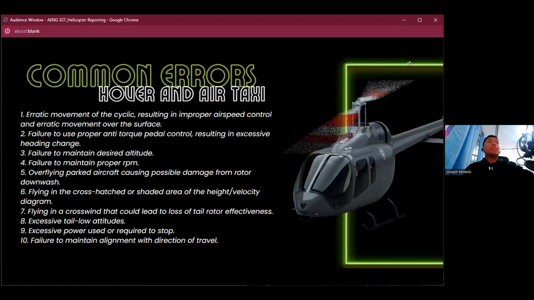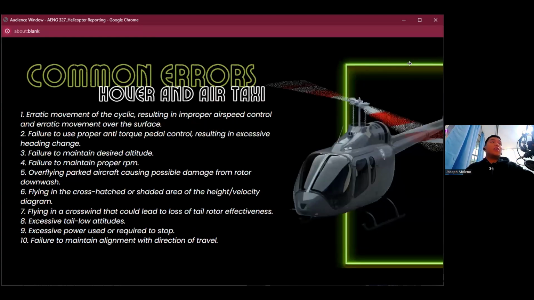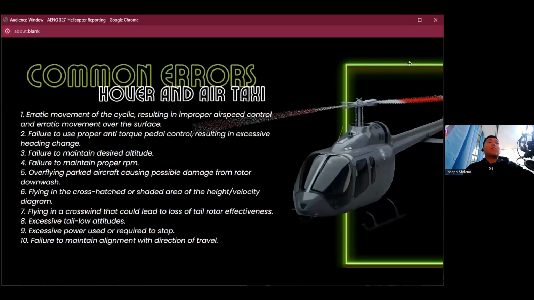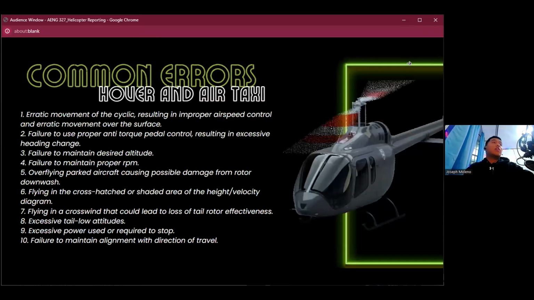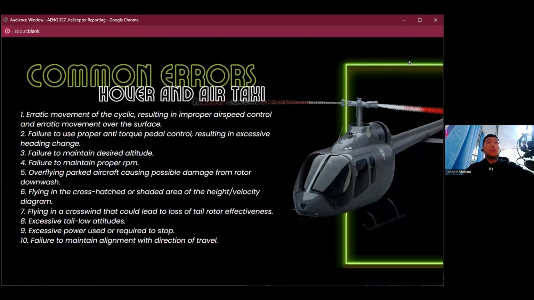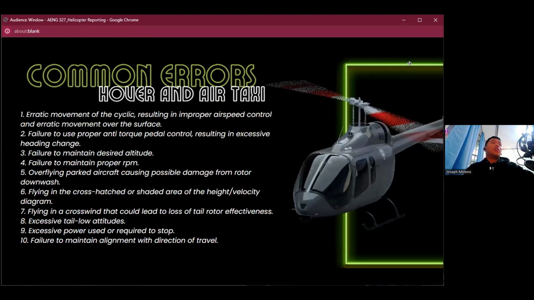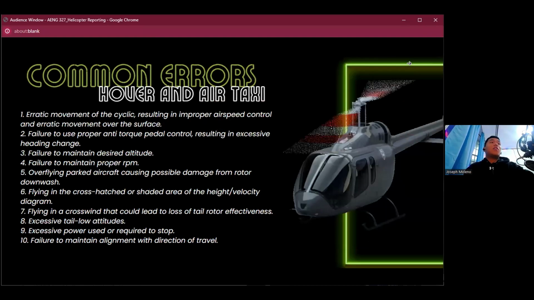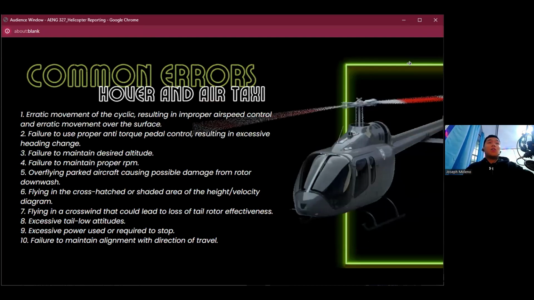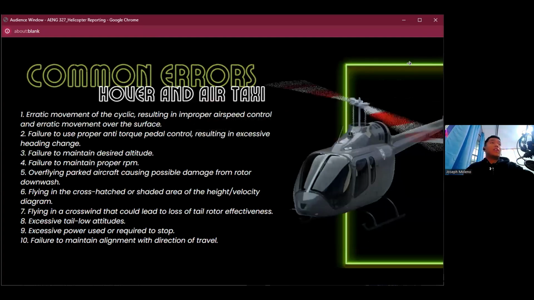Next are the common errors for the hover and air taxi. The first one is erratic movement of cyclic, resulting in improper airspeed control and erratic movement over the surface. Second is failure to use proper anti-torque pedal control, resulting in excessive heading change. Third is failure to maintain desired altitude. Fourth is failure to maintain proper RPM. Fifth is overflying parked aircraft, causing possible damage from rotor downwash.